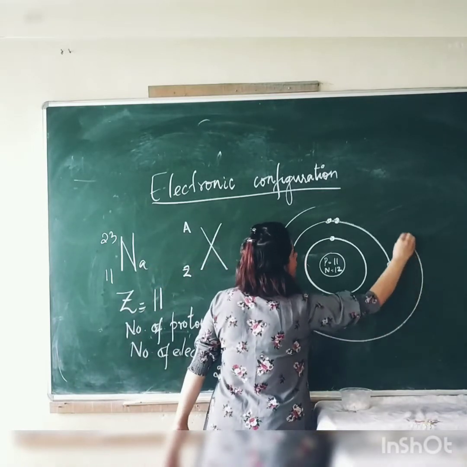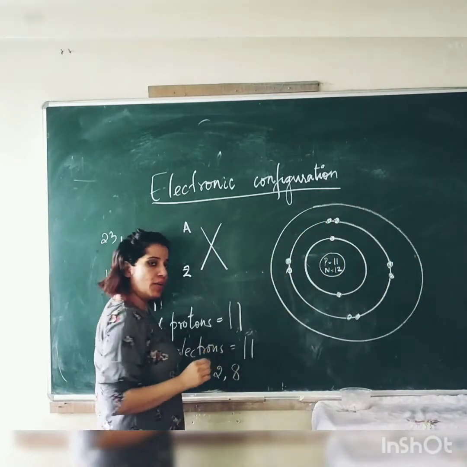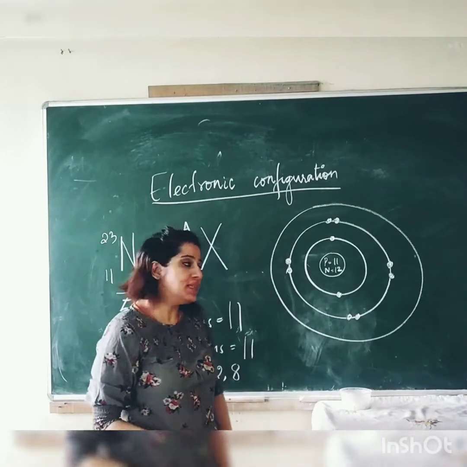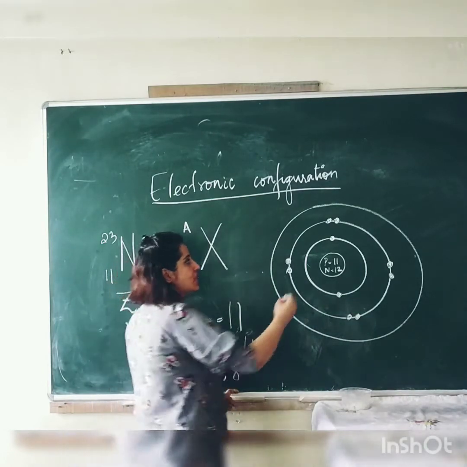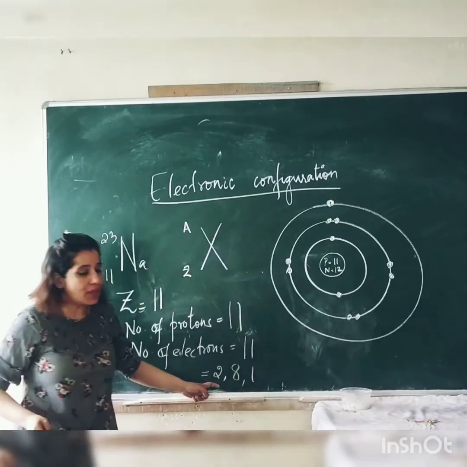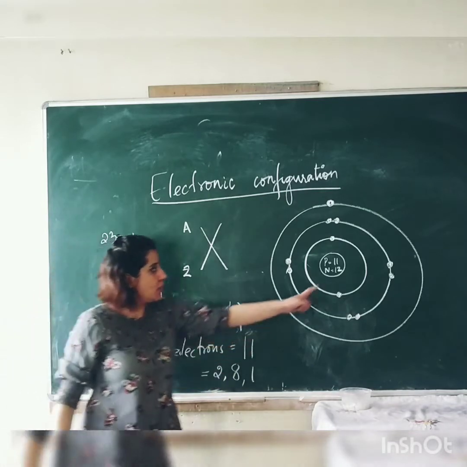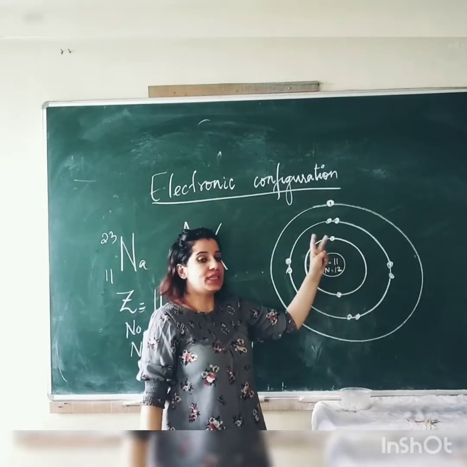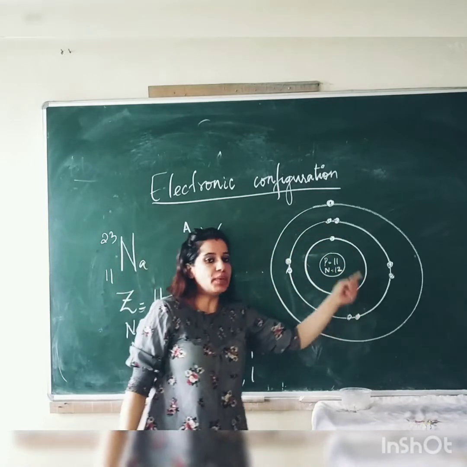So the third orbit also can hold a maximum of 8 electrons, but only 1 electron is left now. So how are the electrons arranged in sodium? First orbit 2, second orbit 8 and the last orbit 1.